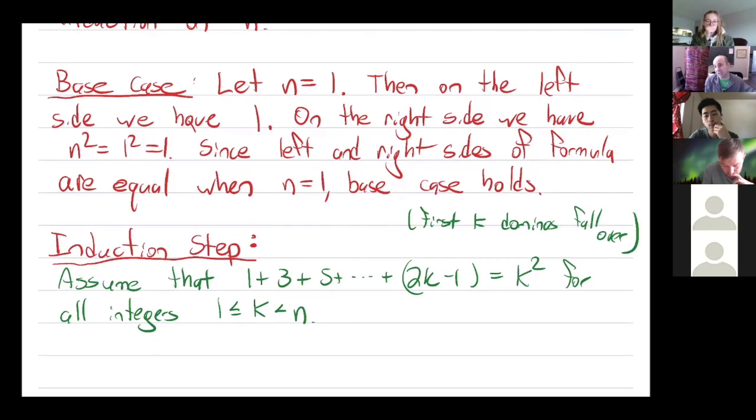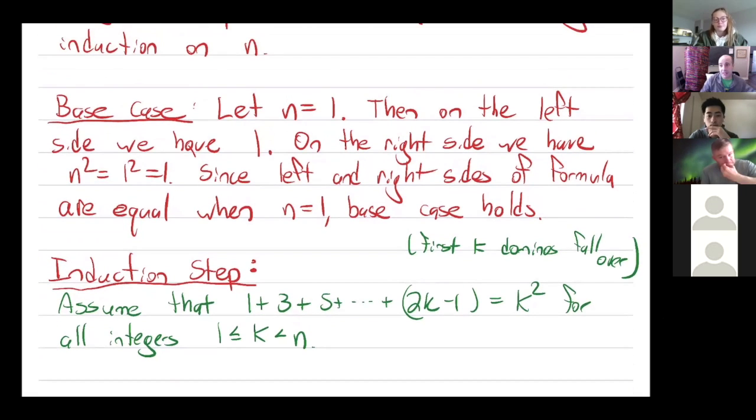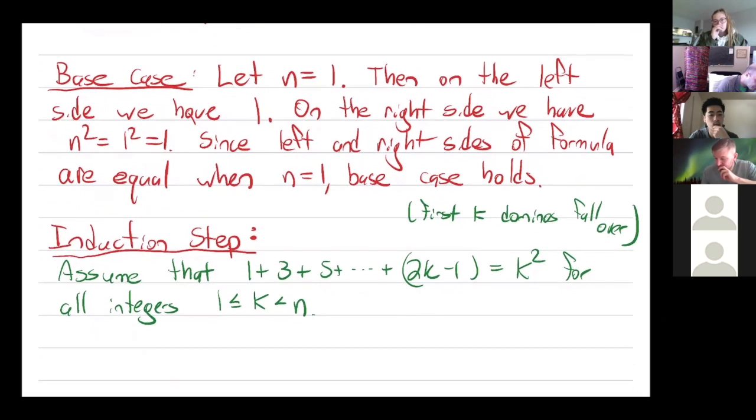This induction hypothesis is saying that the first k dominoes, they all fall down. Base case is saying the first domino falls down. And now we've got to do the proof.